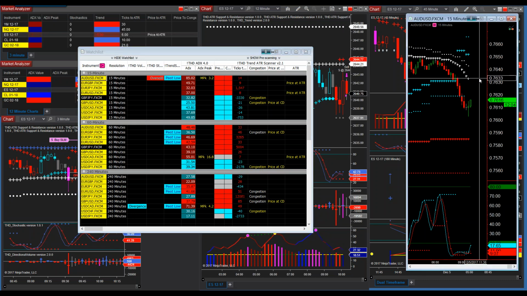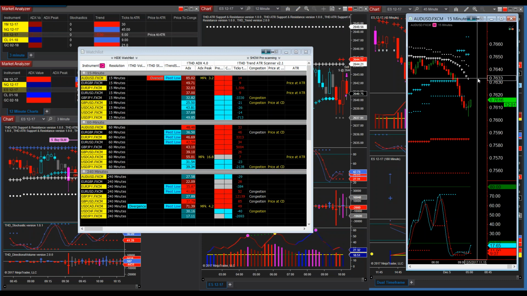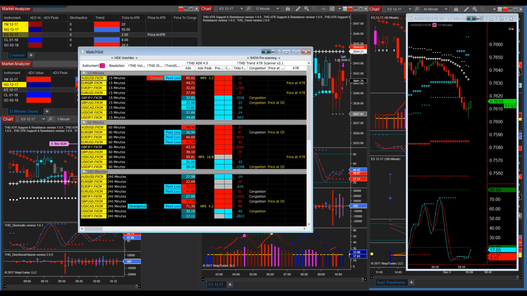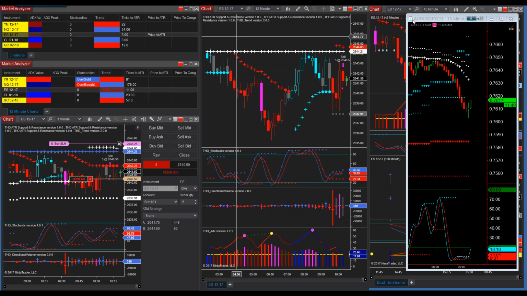And if we come back to 76.33, that's where I'm looking for an entry on the binaries. So I'm going to pull that off and we'll keep an eye on this one. You can see you're not moving very much over here on the ES.